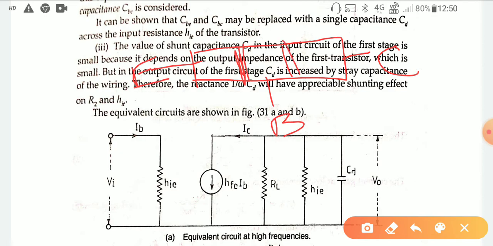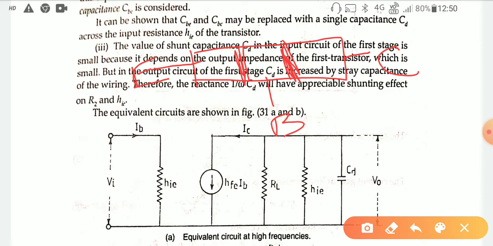Here also the depletion region acts as a dielectric between the base and collector region, with the other two sides being charged particle regions. So it will also work as a capacitor, and this is defined as another capacitance value, C of BC.